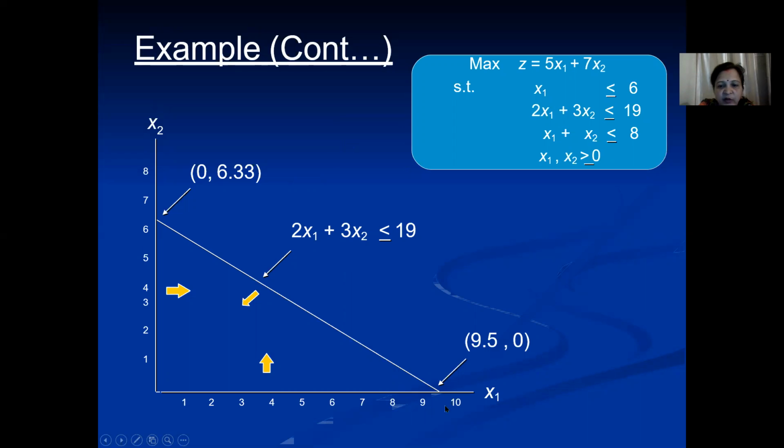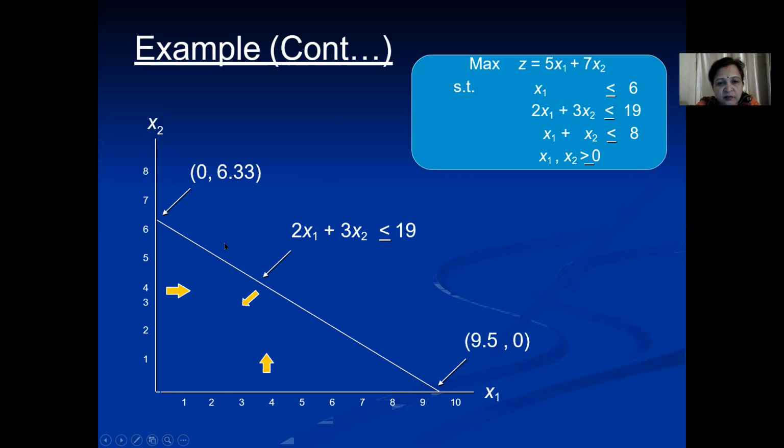These points are obtained by putting x1 equal to 0, we get x2 equal to 19 by 3, and by putting x2 equal to 0, we get x1 equal to 19 by 2. So we get 2 points, 1 point on the x1 axis, that is 9.5, 0, and on the x2 axis, this is 0, 6.33.